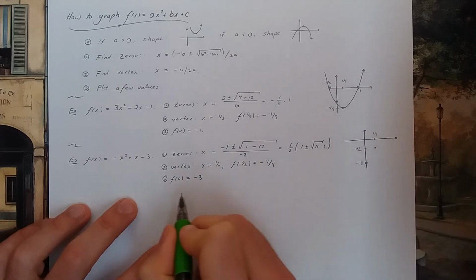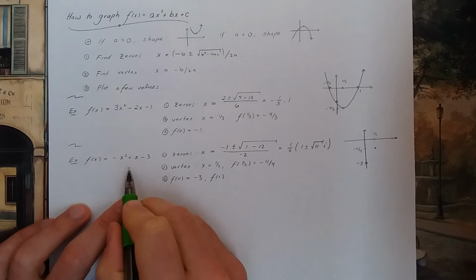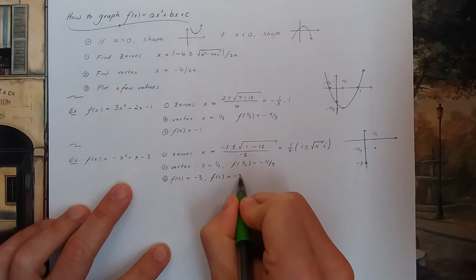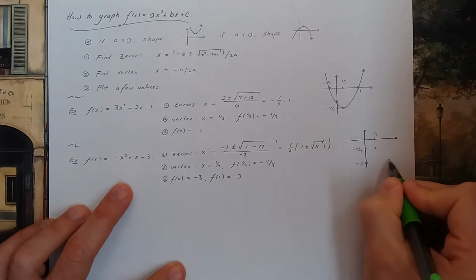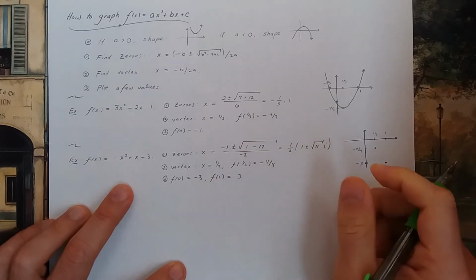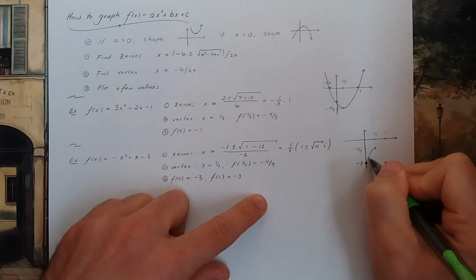And if I plug in 1, then I get negative 3 as well. So here at 1, I'm at negative 3. Now, for the sake of time in this video, I'm not going to plot more values, but if you'd like, it's always a good idea to plot more.